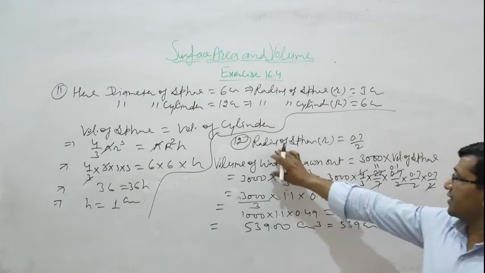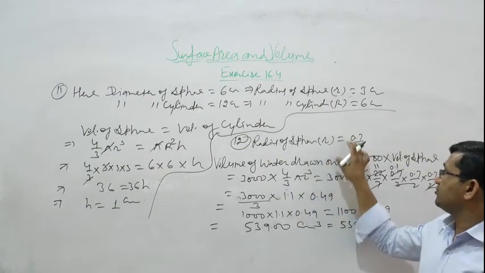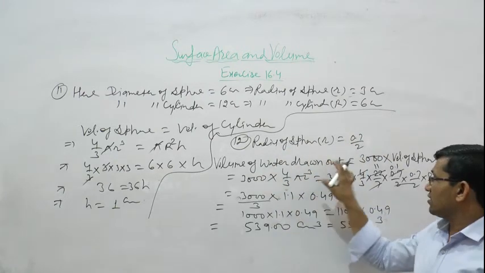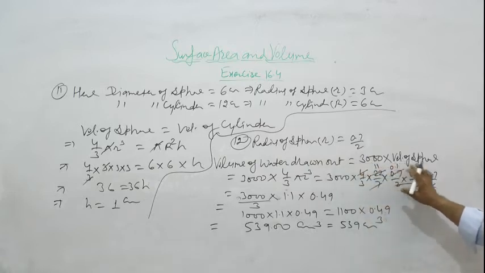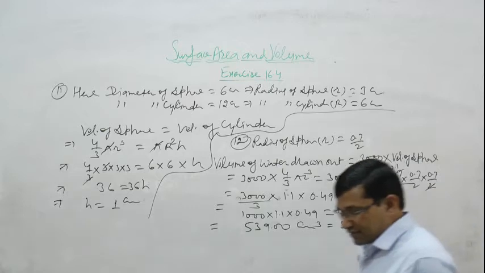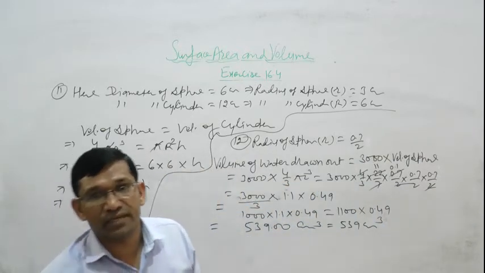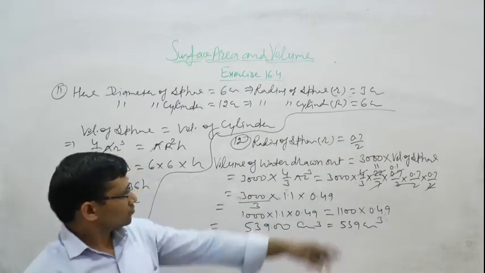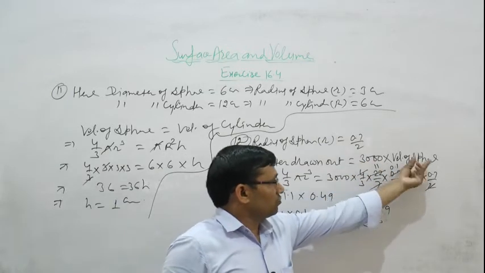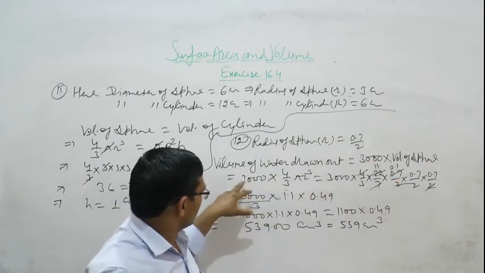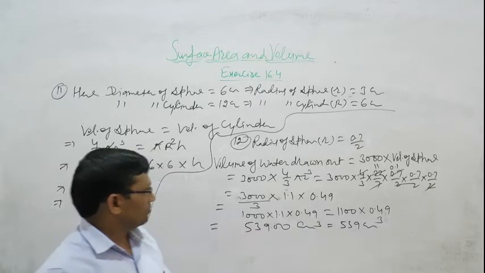In this question, the radius of the sphere is given as 0.7/2. The volume of water drawn out is equal to 3000 multiplied by the volume of a sphere, since 3000 spheres are completely filled. That is 3000 multiplied by 4/3 pi r cubed.